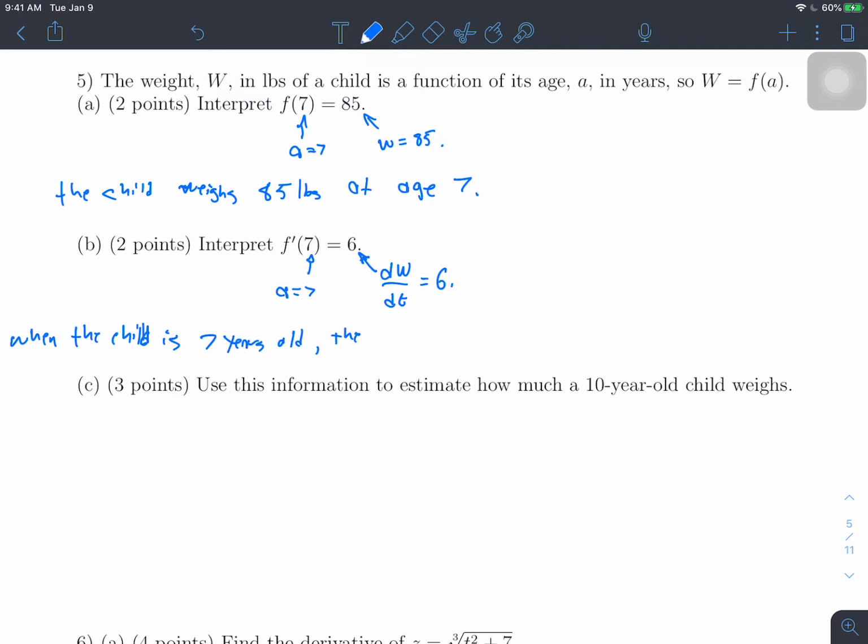Since I found that the derivative is a positive number greater than 0, I'm going to use the word increasing at a rate of, and now I'm going to write down the rate. It should be 6 pounds per year.